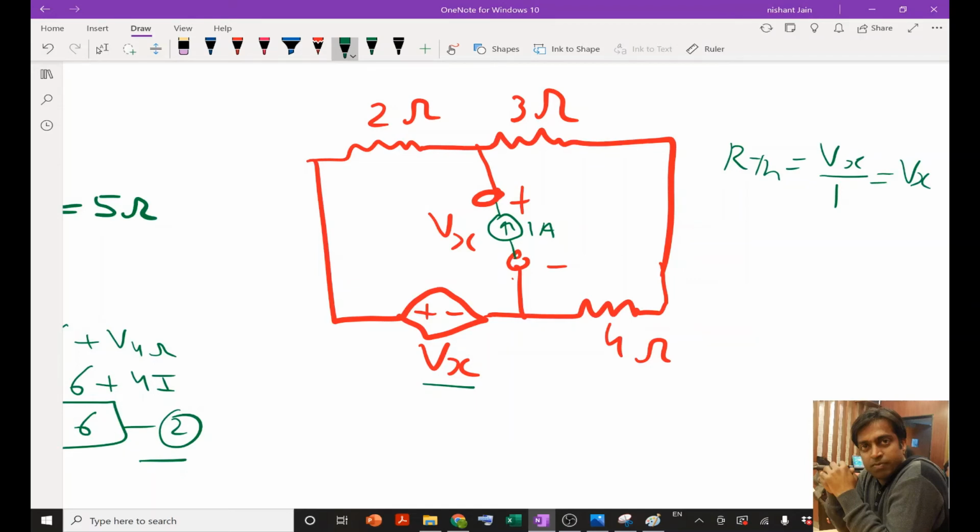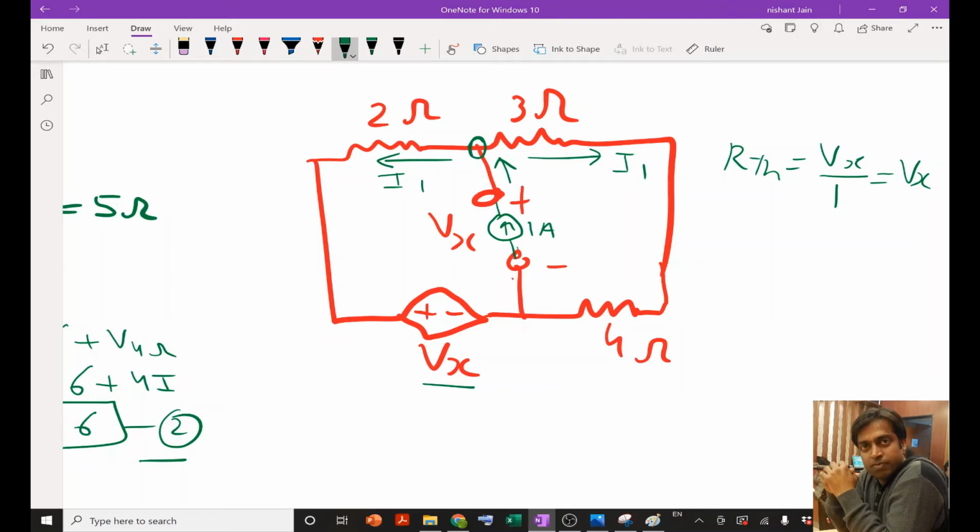It means now our task is to determine the value of Vx. So to determine the value of Vx, we can write a KCL equation at this node, assuming that one current is going in this direction, another in this direction, and the third is 1 ampere that is coming into the node.